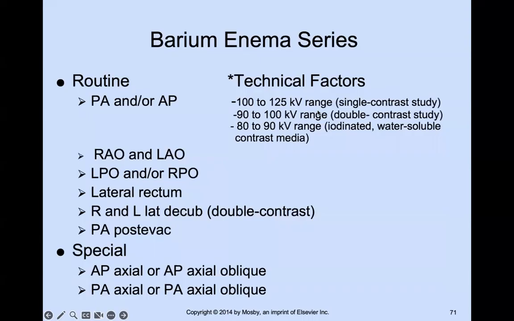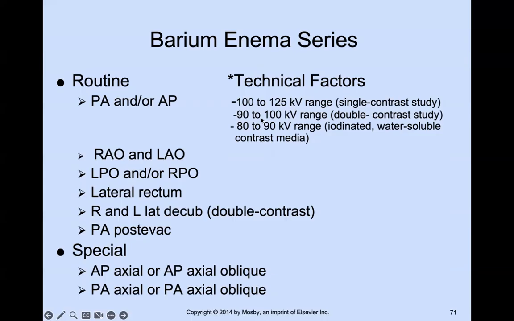Now, this is important to know, the technical factors for different studies, and this applies to everything. For a single contrast exam, meaning only barium, 100 to 125 kVp will be your range.